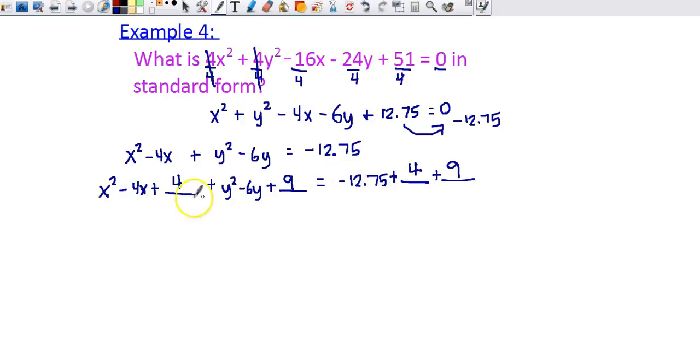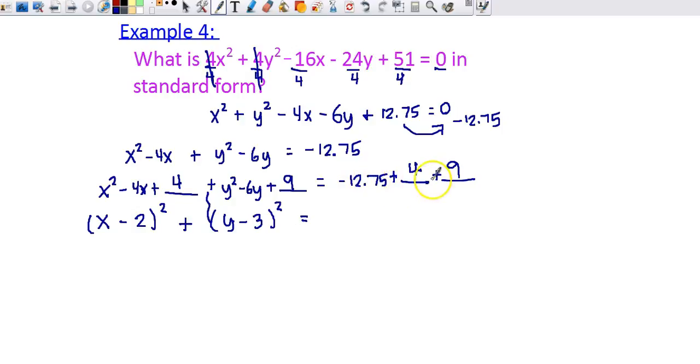All right, let's do this all in one operation. So we want to make sure that we factor. So this is going to be x multiplies to 4, adds to negative 4. It's going to be x minus 2. Be 2 of those, so we'll say squared. Multiplies to 9, adds to negative 6. That's minus 3.